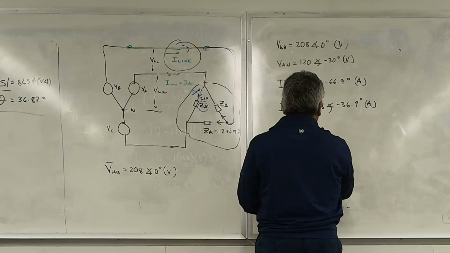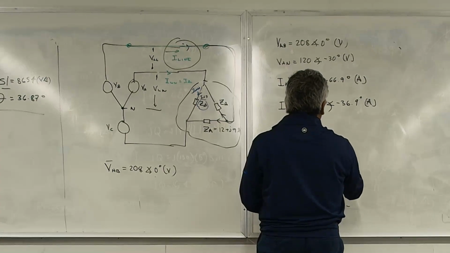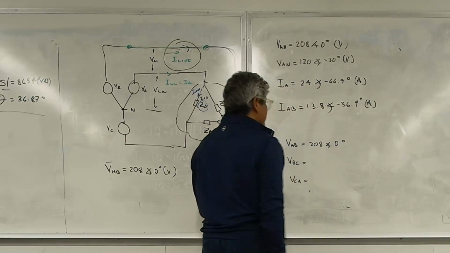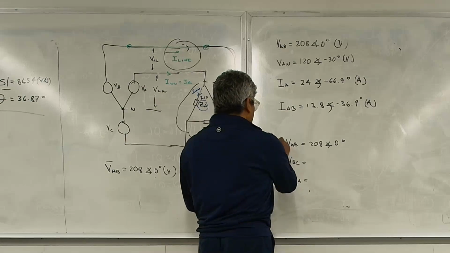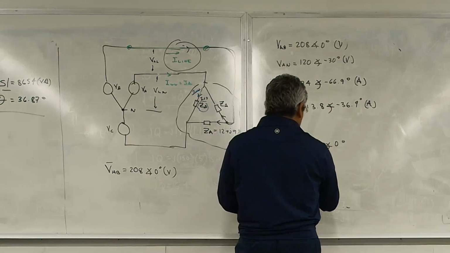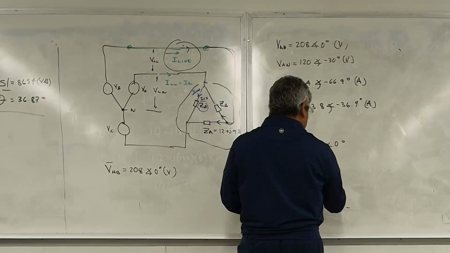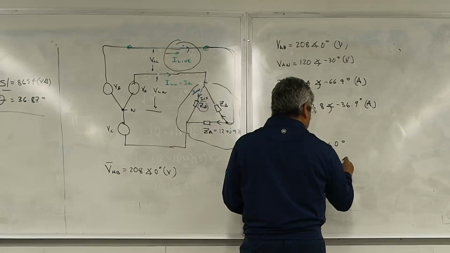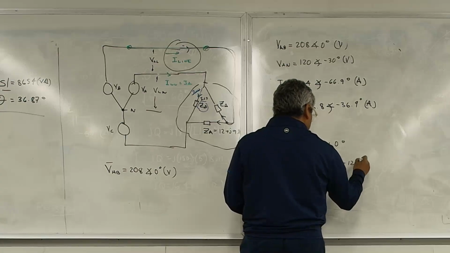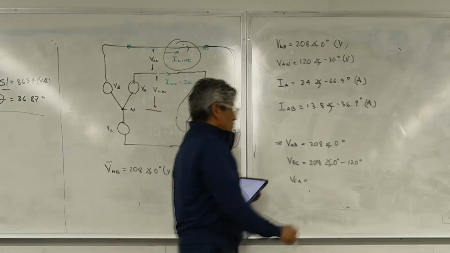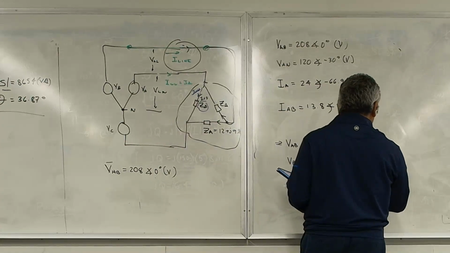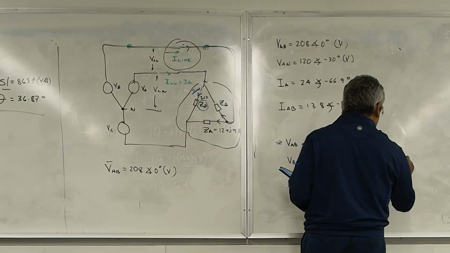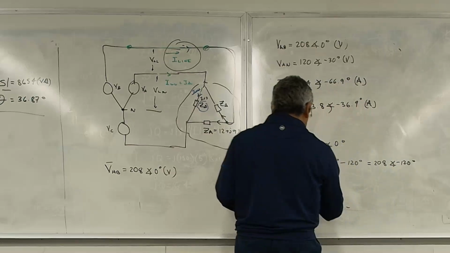So 208 angle of 0 degrees, that's my first one, I know that one. The magnitude doesn't change. 0 degrees minus 120, everybody agree with me? So this one becomes 208 angle of minus 120 degrees.